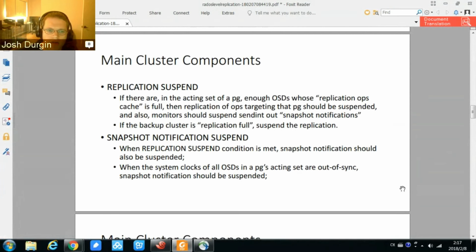I think we can, actually we didn't consider this problem, but I think we can, if the replication is suspended for too long, and we think when the replication worker gets to replicate.